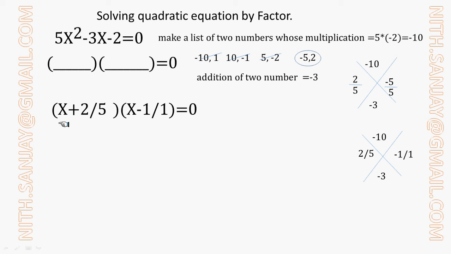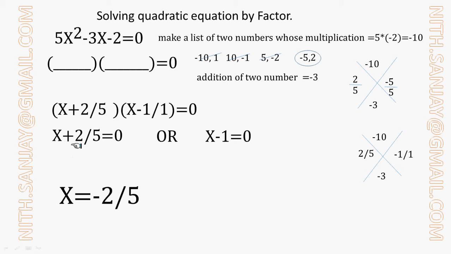Now to solve this quadratic equation, I have to make both of these factors equal to 0. So either x plus 2 upon 5 is equal to 0 or x minus 1 is equal to 0, because minus 1 upon 1 is equal to 1. So I will subtract 2 upon 5 from both sides of this equation, so x will be equal to minus 2 upon 5, and I will add 1 to both sides of this equation. So x value is equal to 1. So this is another way of solving this.